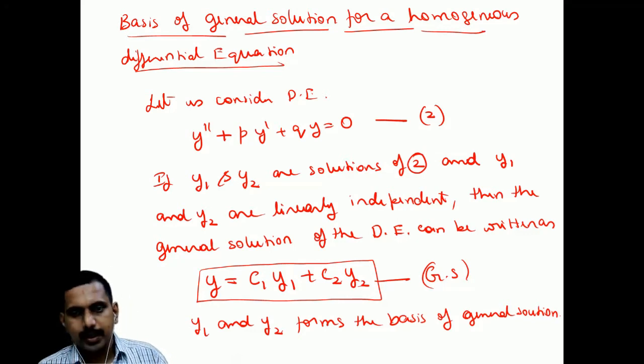Fine. Now, next one. Sometimes what happens, by trial and error we will be able to find one solution. Now, how to find another solution of a differential equation given one solution? Let us check it out.